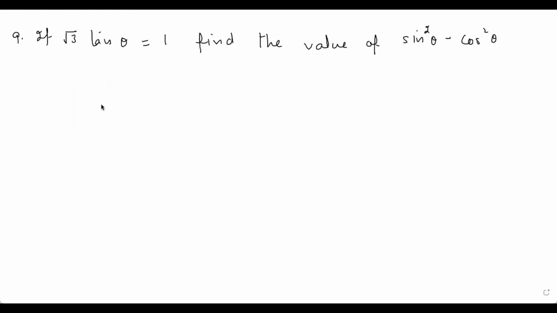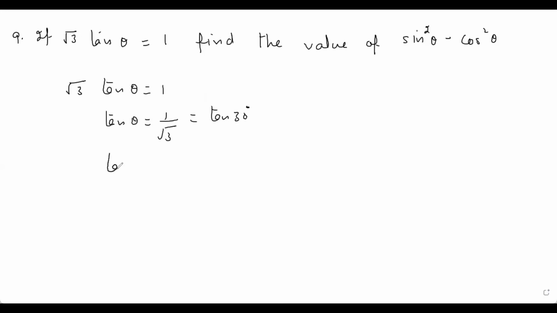Now the ninth question is, if √3 tangent theta is equal to 1, find the value of sine square theta minus cos square theta. So √3 tan theta is equal to 1. It means tan theta is equal to 1 by √3. That is equal to tan 30 degree.